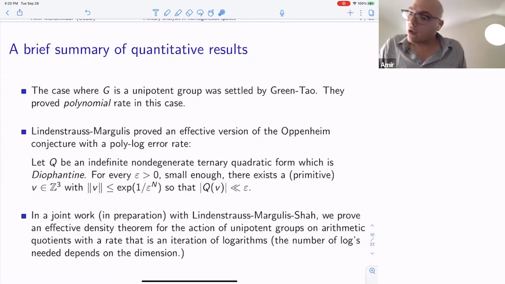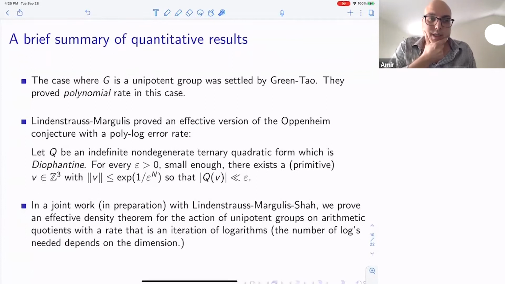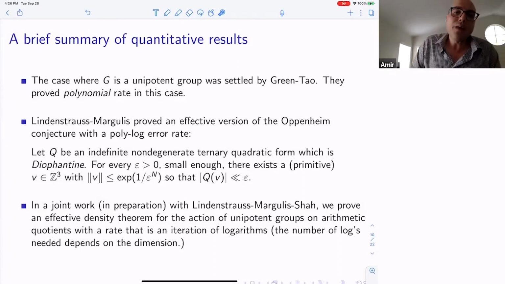But if you don't want the ambient group to be unipotent, the approach developed by Green and Tao is not going to help, because the proof is an inductive proof using nilpotency degree, and so on. It's not a proof that can generalize to semisimple groups.